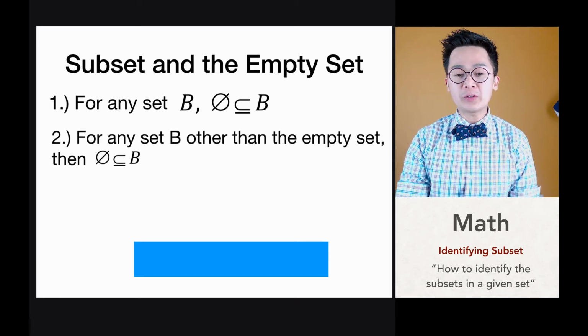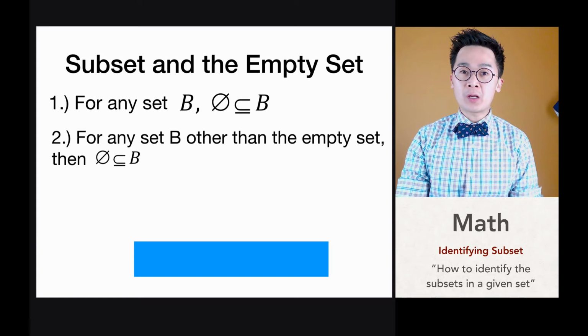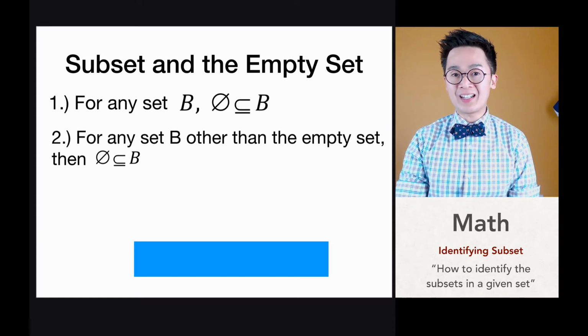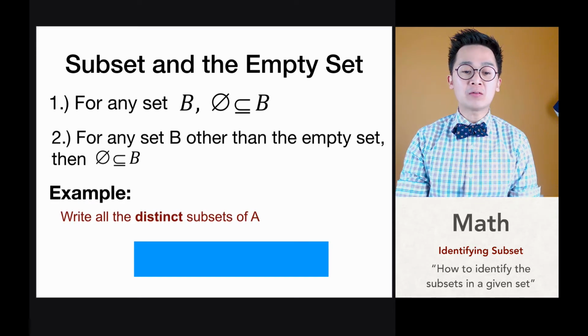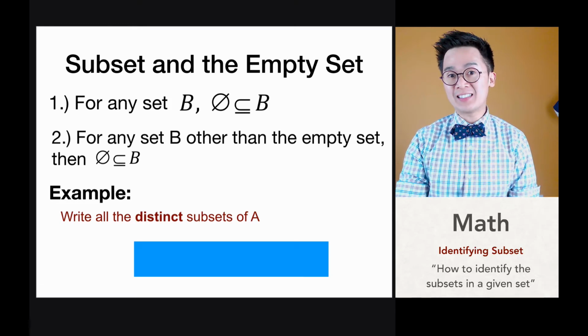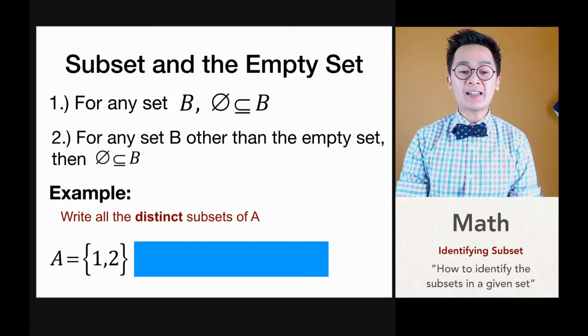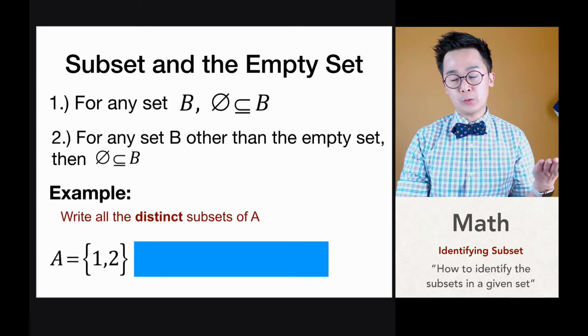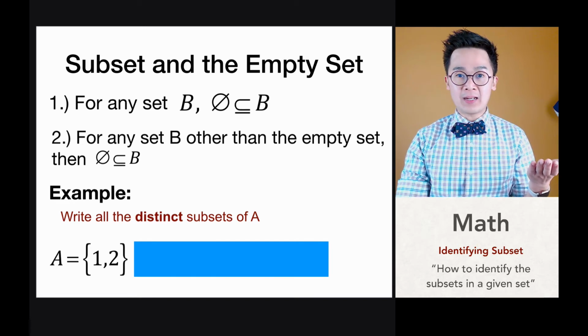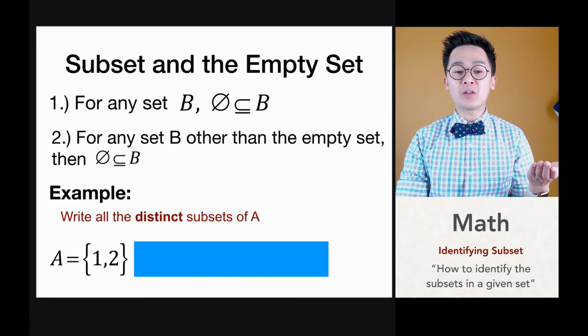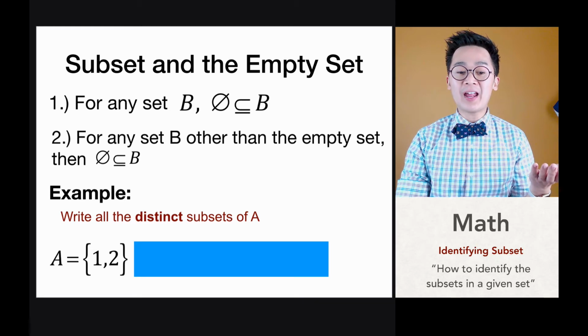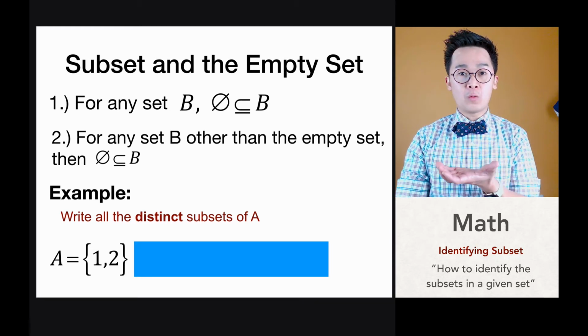Now, how do we use the null set to count the number of distinct subsets in a given set? Let's say we need to write all the distinct subsets of set A, given by 1, 2. So set A has the elements 1 and 2. If we're going to write all the distinct subsets of A, we can have {1, 2} as a subset, or all the elements.